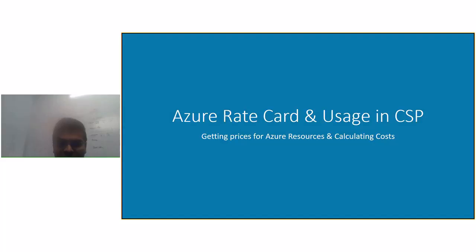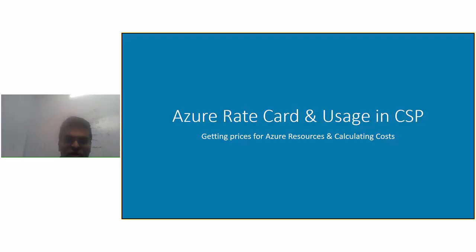Before I get in, the Azure model for CSP as well as for any other subscription is that it is usage based. What I mean by usage based here is that it is not that you know the price up front. You know the unit cost up front. So for a VM, for example, it could be that an A1 VM is 10 cents per hour, so that depending on how many hours the VM runs, the usage is calculated by that.